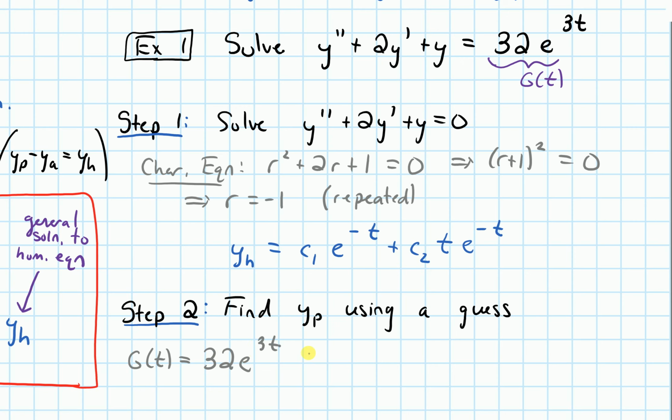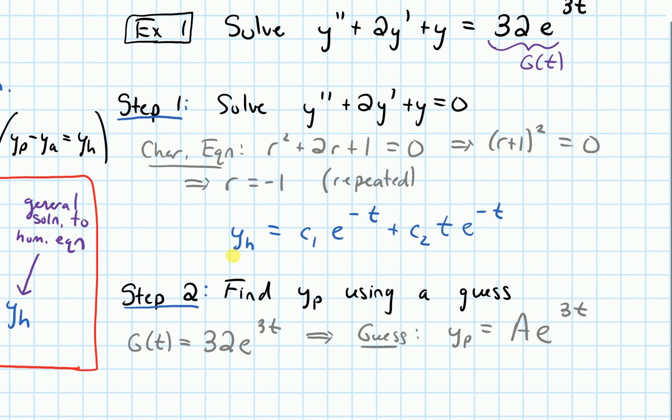So this is an exponential function. So thinking about what our table said, it says if we have an exponential function like this, to guess that yp is going to be, so we'll have some coefficient in the front, and then the same type of exponential function. So a e to the 3t. So I don't change what the power is here.